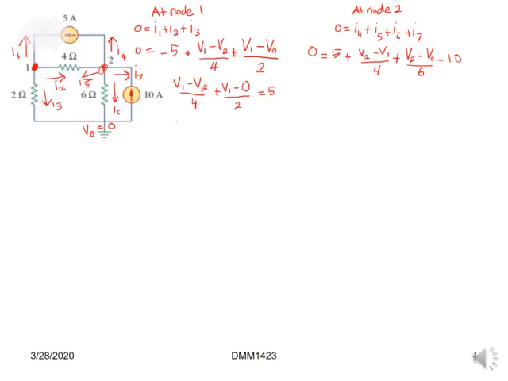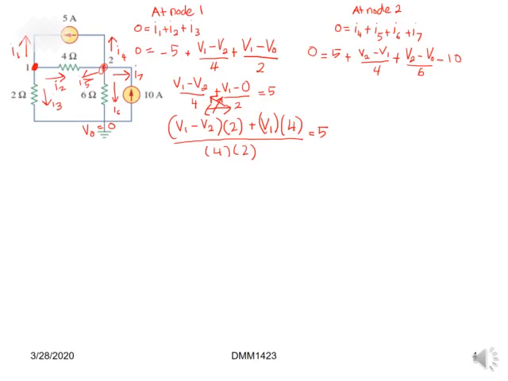Then for I6, plus V2 minus V0 over 6 ohm. And for I7, the current is in the opposite direction to the current source, so we can write it as minus 10.